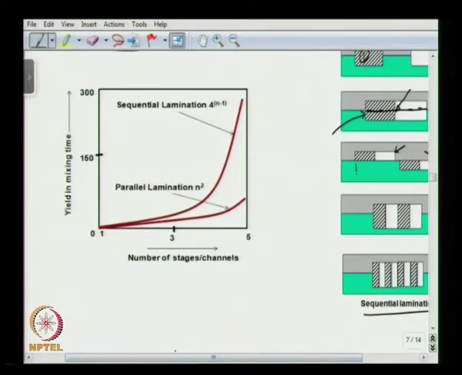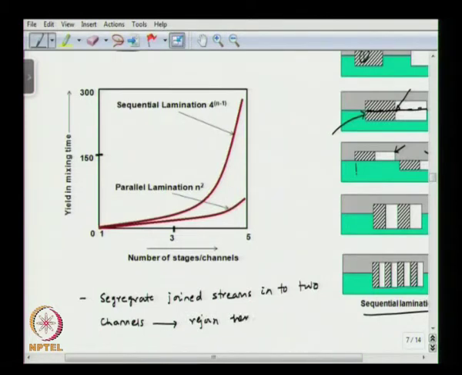Okay. So, what we do here is we segregate joint streams into 2 channels and then rejoin them.